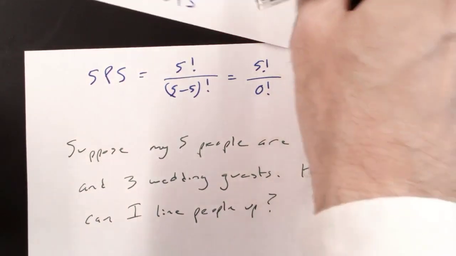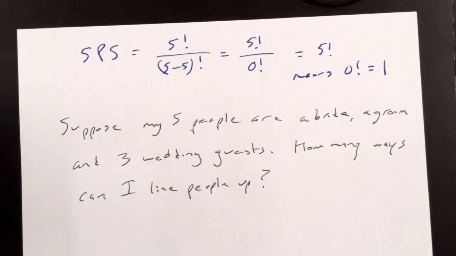Now, I'm sure that some of these arrangements will make prettier photographs than others. And if I'm a wedding photographer, then I would probably care more about the optics of the situation than the actual math of the situation. But how many ways can I line the bride and the groom and these three other people up? 4 factorial. Because I can think of the bride and the groom as if they're in a bag, right? They become one object.